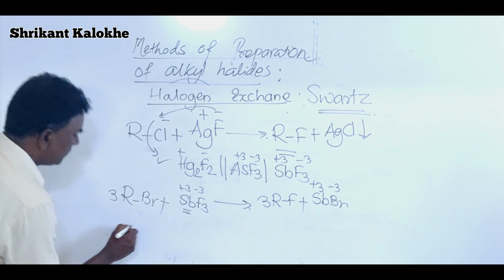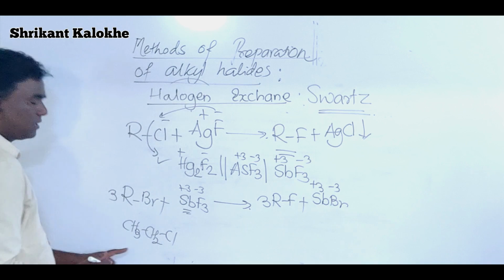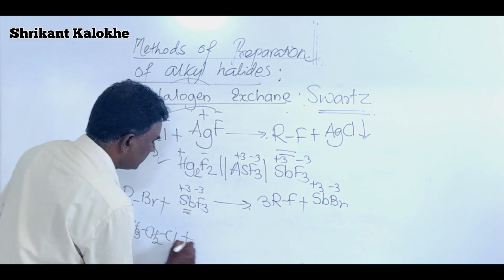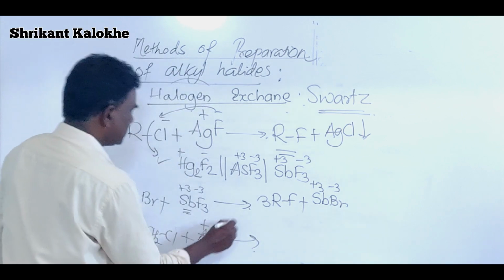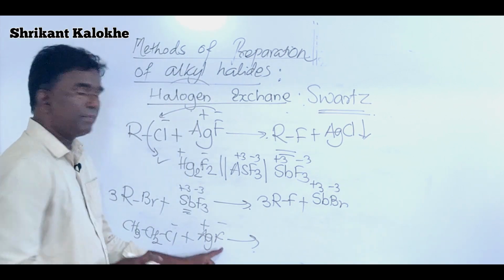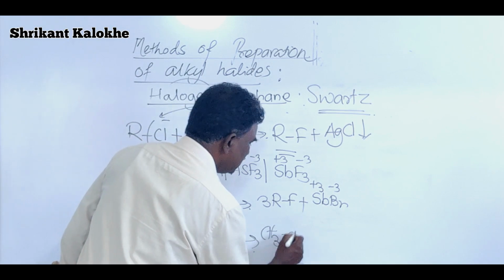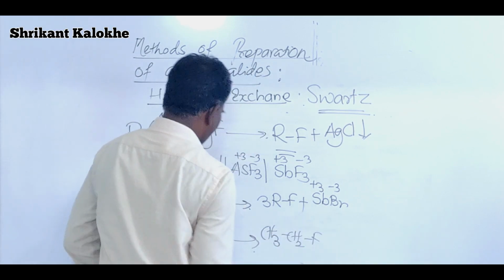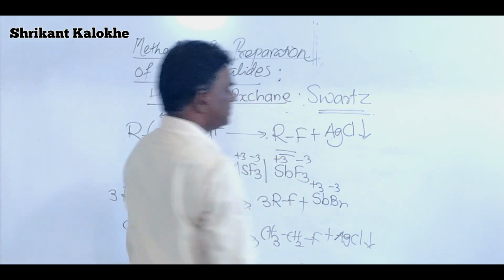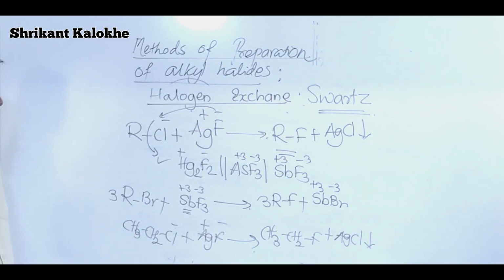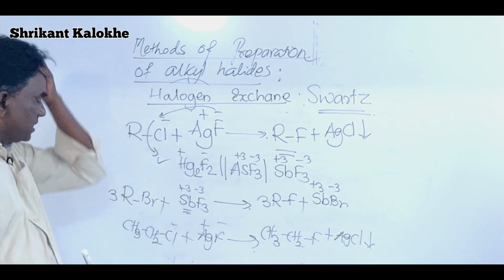For example, we will take CH3CH2Cl, ethyl chloride. When it is treated with silver fluoride, AgF, then what happens? Ag+ F-, this chloride will be replaced by this fluoride, and you will get CH3CH2F, ethyl fluoride, and the side product would be AgCl, silver halide precipitate, which will deposit at the bottom of the container.